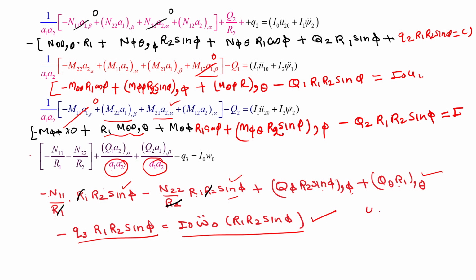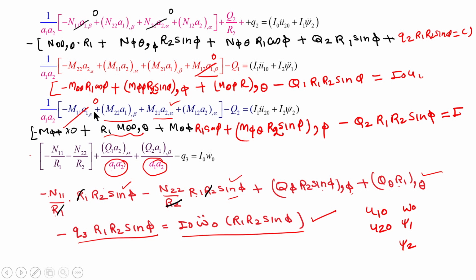So, our primary displacements are u10, u20, then we have w0, then psi 1 and psi 2.